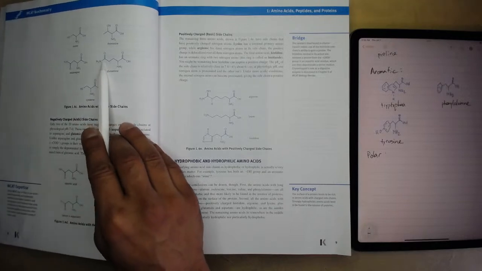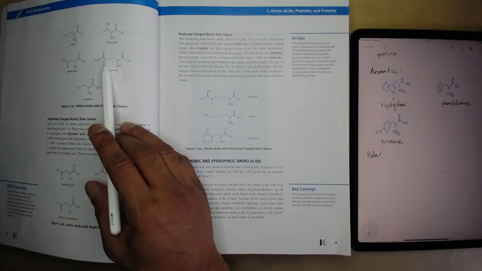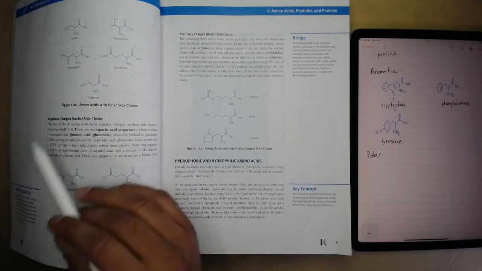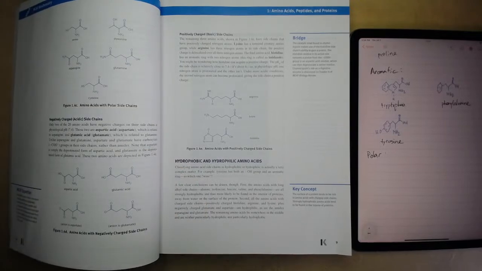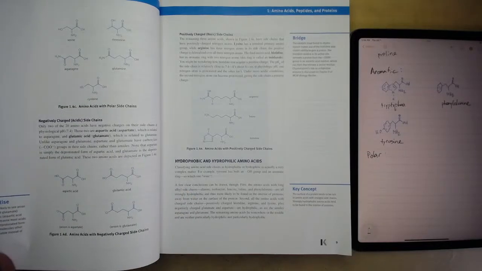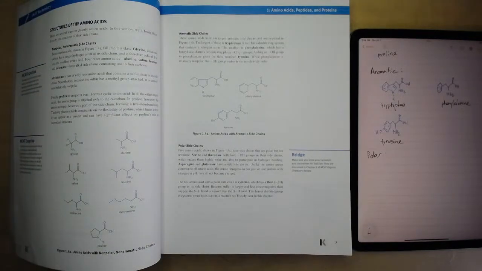Also, glutamine has an amide. It's got a nitrogen bonded to our carbonyl. And those are the only ones with nitrogen, other than our main amino group. Let's continue reading. Unlike the amino group common to all amino acids, the amide nitrogens do not gain or lose protons with changes in pH.